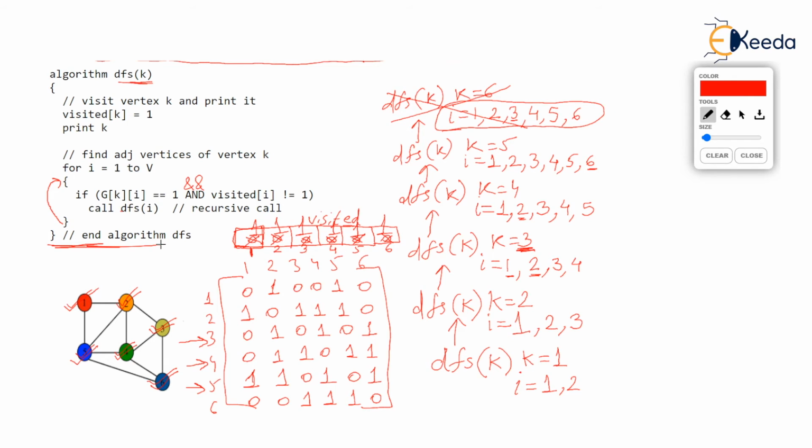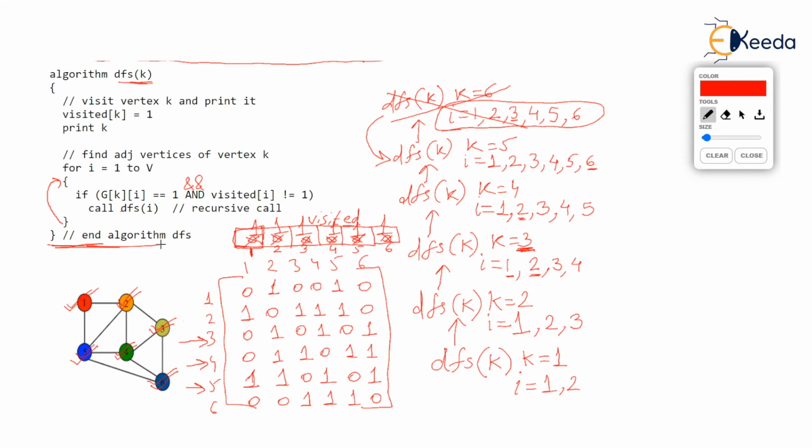And you all know, whenever any recursive algorithm ends, the calling function resumes, isn't it? So we are back at DFS(5), where k was 5. Have patience, just go through this. We are back in DFS(5). Now, if I ask you what DFS(5) will do when it resumes, you will say, sir, it will do what it was doing last time.